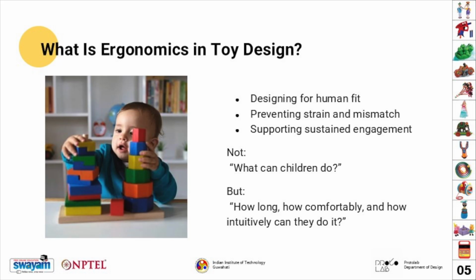In toy design, this means asking different questions: not can a 5-year-old stack blocks, but is the block size comfortable for repeated stacking? Not can a child follow 3 rules, but does remembering those rules create unnecessary cognitive load?